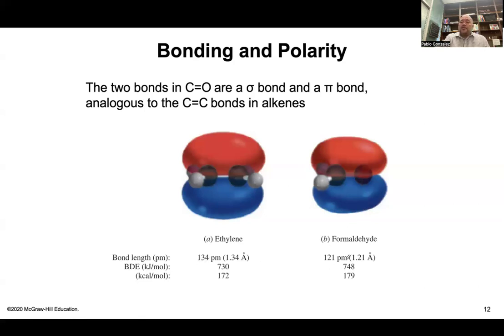The energy to break this carbon oxygen bond is also a little bit larger than that of the carbon double bond: 748, or 179, in kilocalories per mole. So once again, those electrons are being pulled by oxygen, so you need to apply a little bit more energy to break that bond as compared to the carbon double bond carbon.